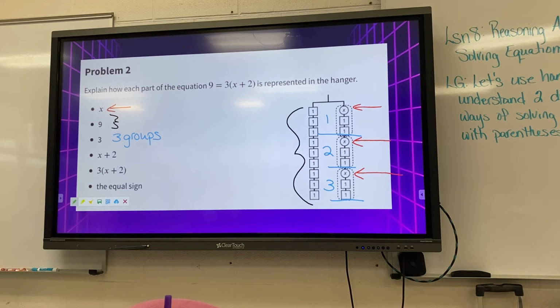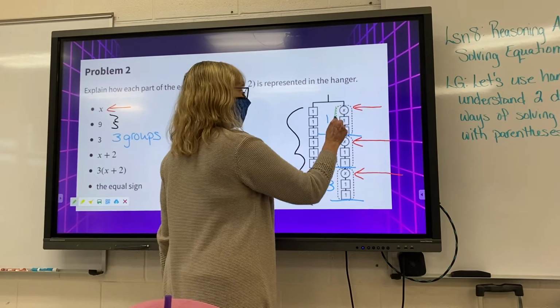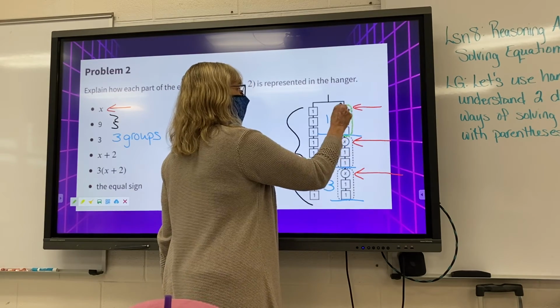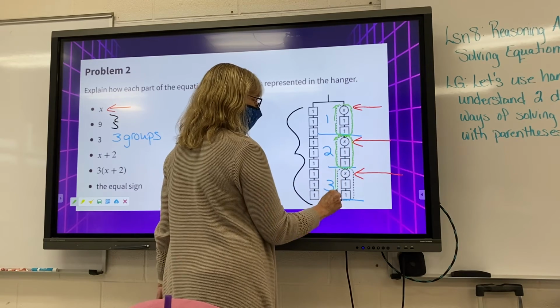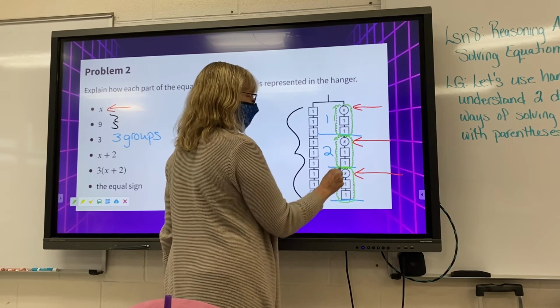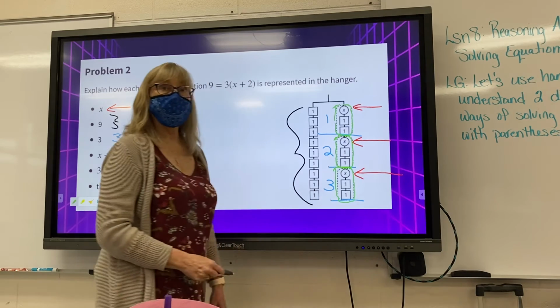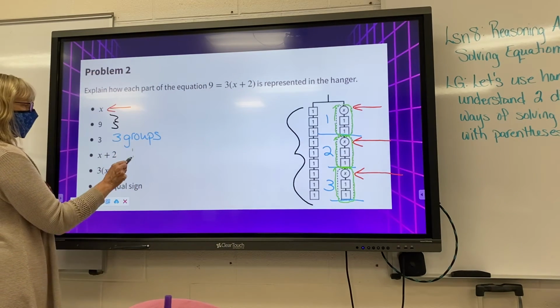Where is x plus 2? There's 1x and then 2 1s in each group. So if I look at these dashed lines, is that my x plus 2? Because those 2 1s make plus 2. Okay.